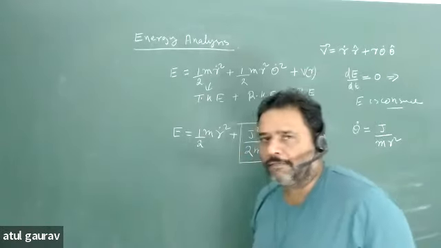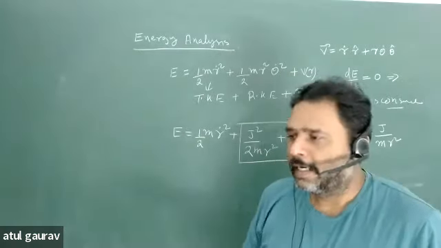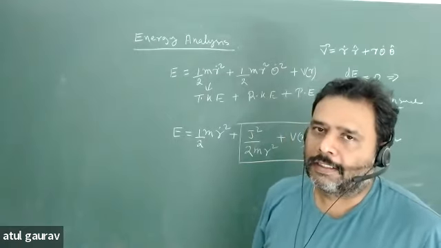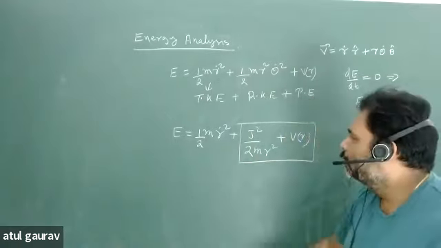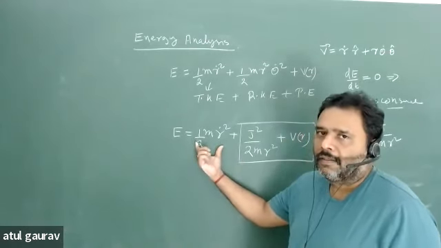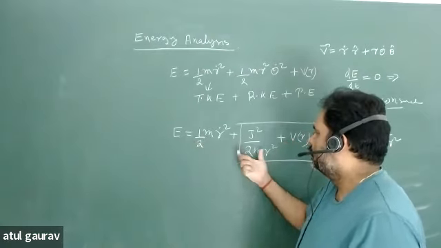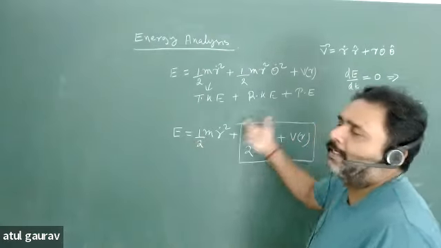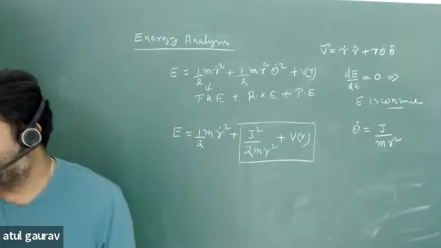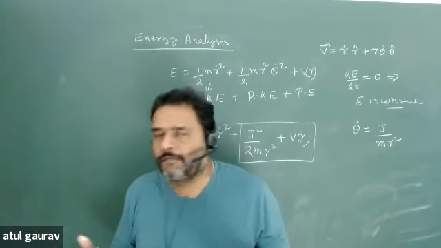Now, if someone joins the class at this particular time and I ask him what is your kinetic energy and what is your potential energy, then obviously he will be confused and say, okay, this is my kinetic energy. And this is also a function of r, so the whole thing can be treated as potential energy, isn't it? Because for the kinetic energy, you need to go for velocity square.